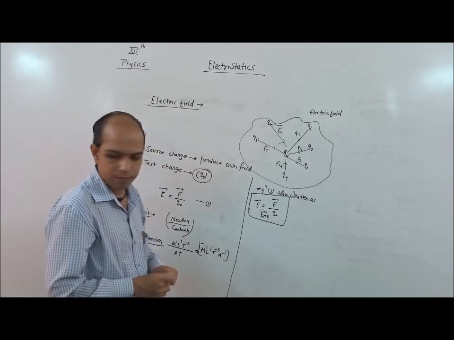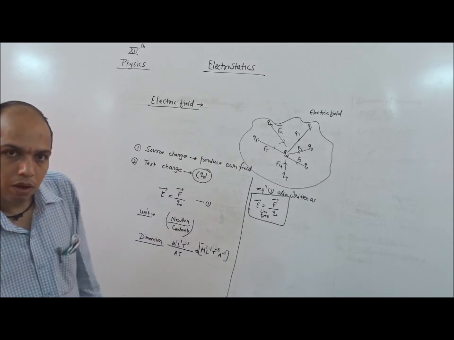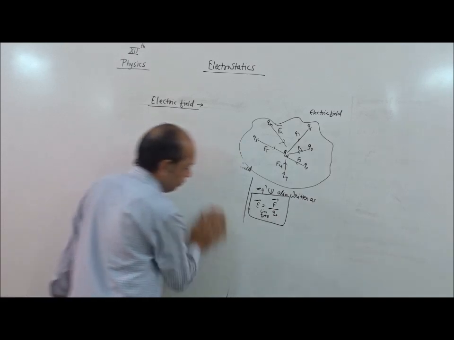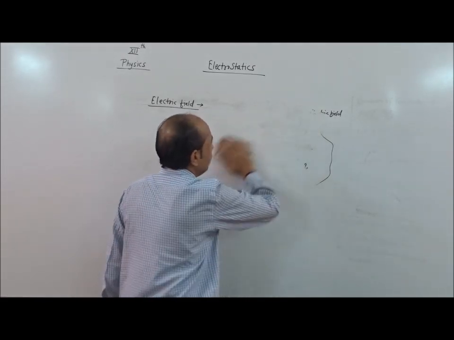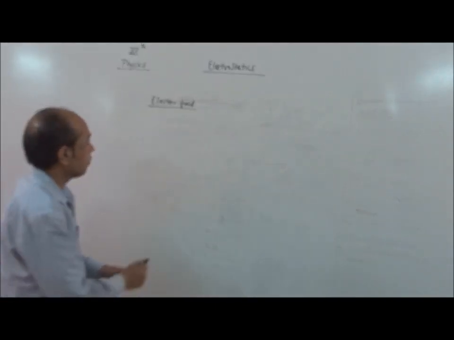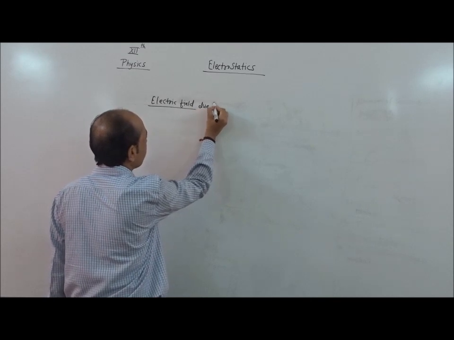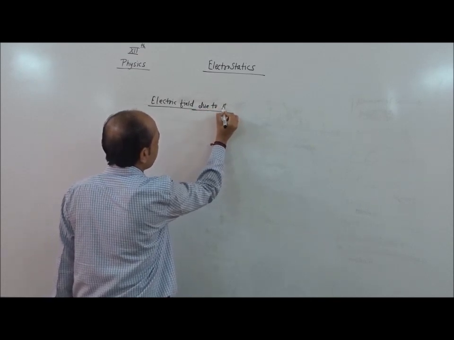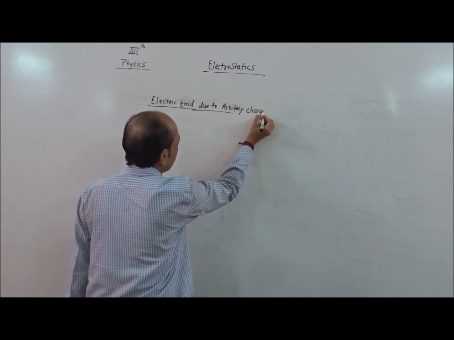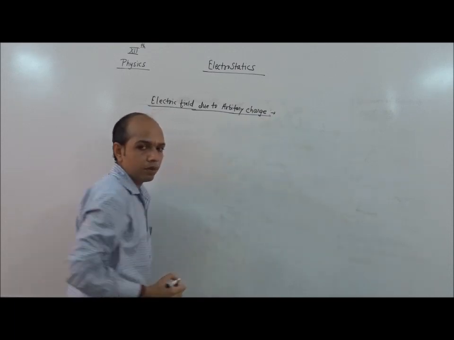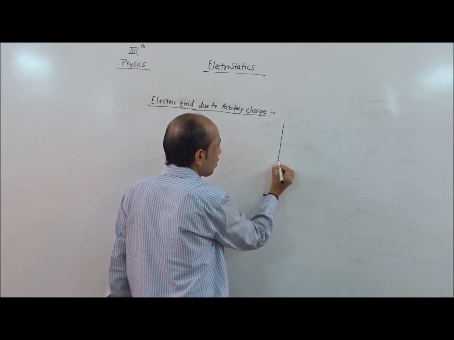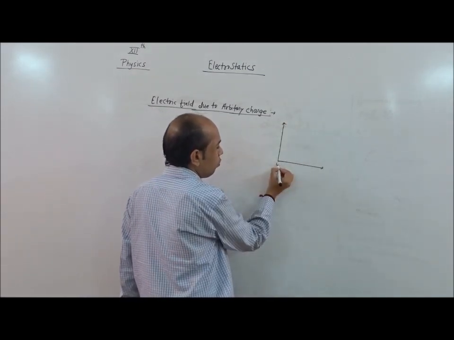Now we calculate the electric field due to an arbitrary charge. In order to calculate the electric field due to an arbitrary charge, again we take two dimensions, x and y.